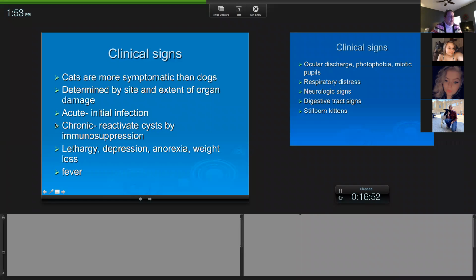But sometimes when there's the initial burden right after infection, you might see it. They can also have reactive cysts following an immunosuppressive event. So let's say, for example, a cat has toxo and they have not had any symptoms. And then all of a sudden the cat gets an upper respiratory infection and the cat is feeling very, very ill.